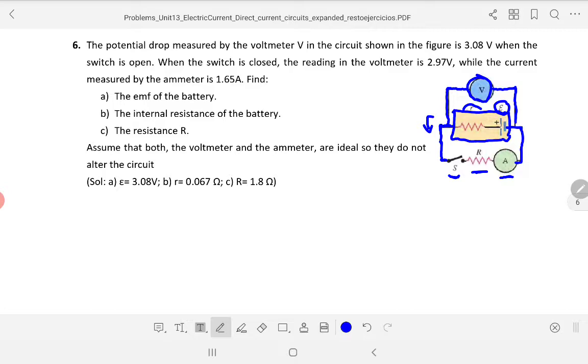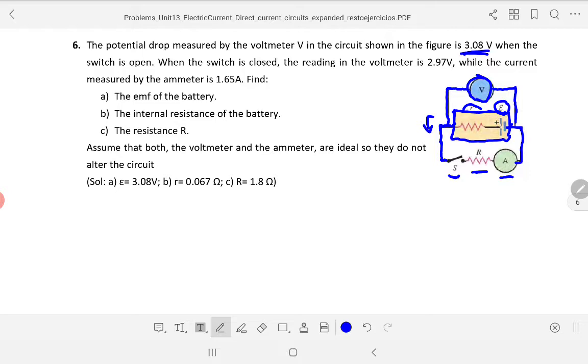When we have opened the switch, the voltmeter that is measuring the difference of potential between the sides of the battery says 3.08 volts.